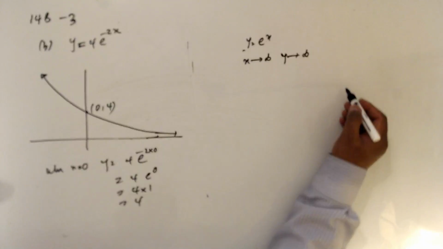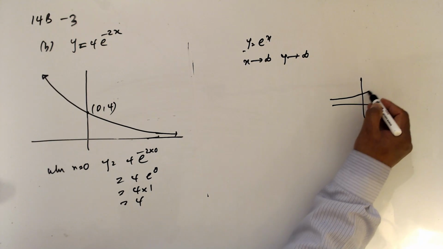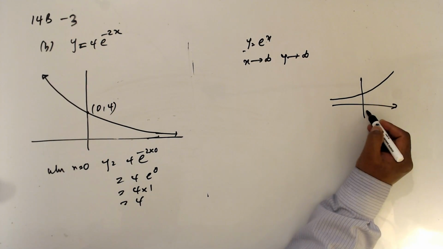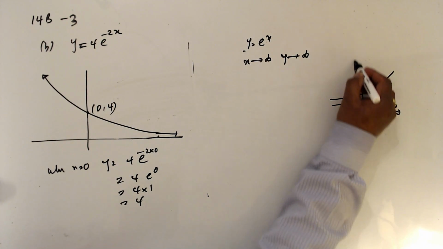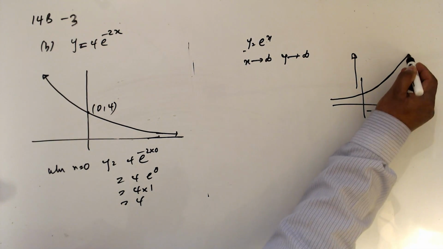Can you see this graph? When x goes to positive infinity, y also goes to positive infinity. It means the only possibility is going this direction.